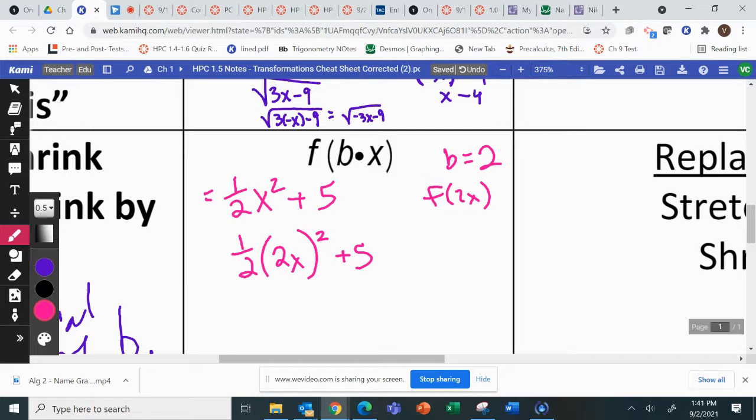The 1/2 is still in front, the squared is still in the back. I can simplify this. And if I can, I will simplify it. Evan, do you know how to simplify it? Oh, you mean like? What would I do? Oh, you would do 2x times 2x. Which is, so I'd have half of 4x squared plus 5. Then what would I do?